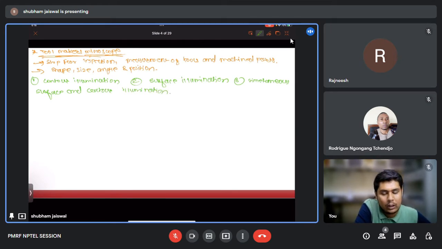So after this, we went to see the next device in the category of optical measurement, that is the profile projector. The profile projector is used for comparison or inspection.